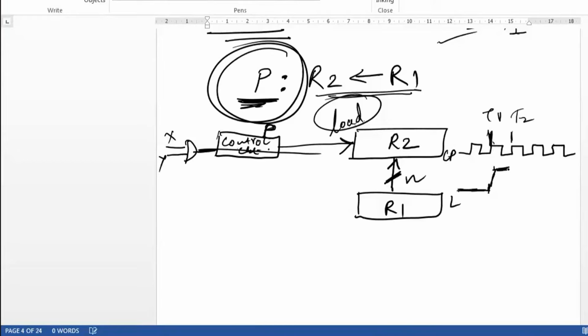Now, when would your data be loaded inside the register? Your data would be loaded inside the register when this load goes from 1 to 0. At this particular duration at T2, clock is going positive and this load यहाँ पे इतने duration के लिए वो 1 है, वो जब नीचे जाएगा तो इस duration पे your data gets loaded inside the register.